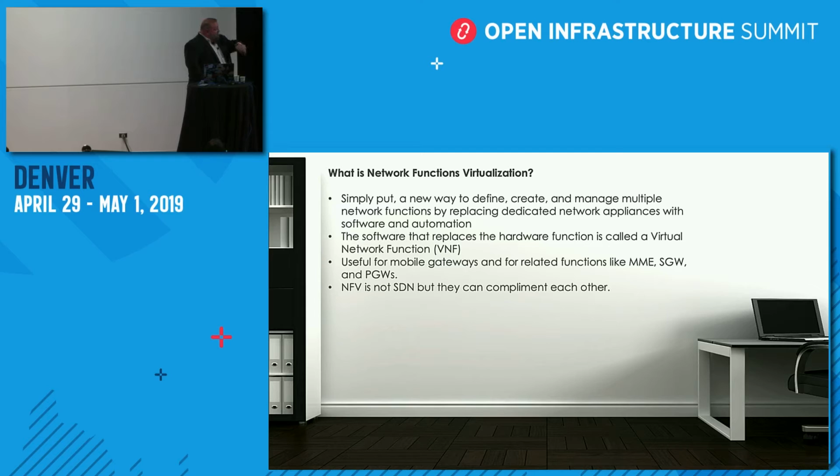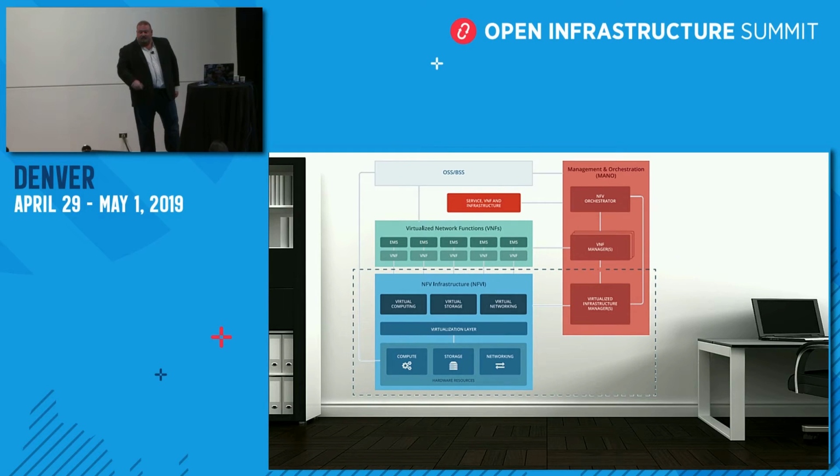If I had time, I was going to go through a sample architecture of an NFV cloud. If you don't know what NFV is, it's just network function virtualization, but it has some pretty specific requirements. So we'll just move on here. This is what the infrastructure manager for an NFV cloud looks like.